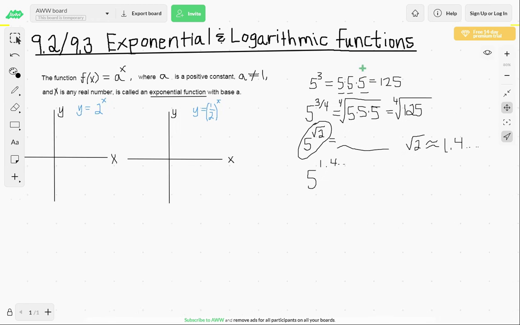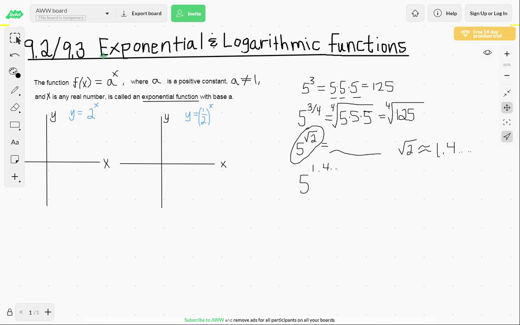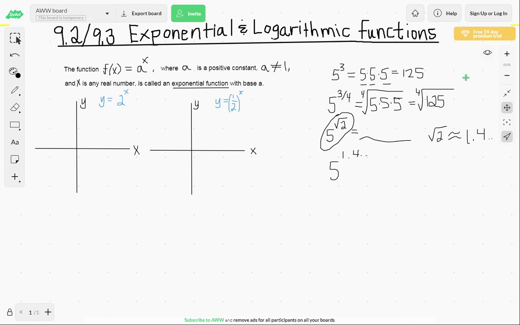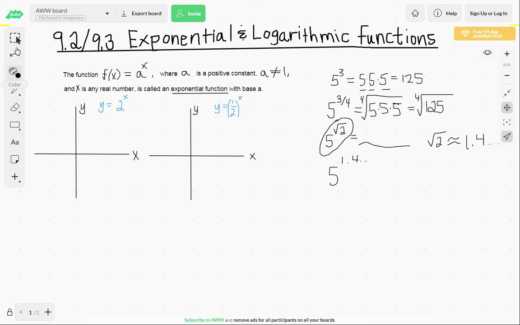All of this is just to show that we can take any real number as our exponent and still get something well defined. We did integers, rational numbers, and irrational numbers, and ultimately that covers all the real numbers.